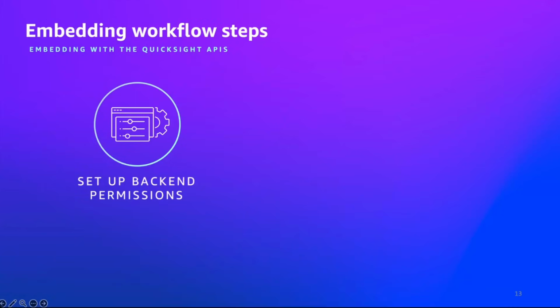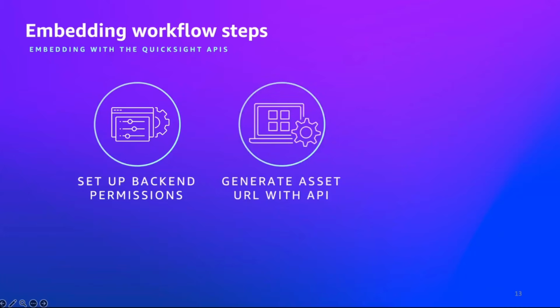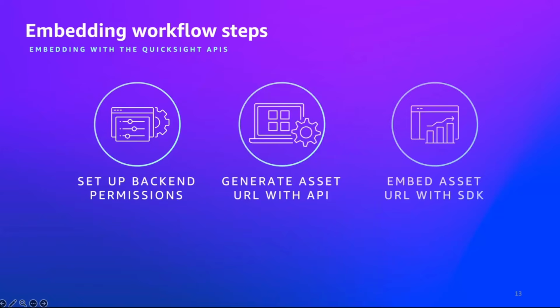Once you have those permissions, the next step is to actually call the APIs, in this case, the generate embed URL APIs, in order to generate an embeddable asset URL that contains the user authentication code. Finally, once you have that asset URL, the last step is to utilize the JavaScript embedding SDK to actually embed the asset into your website. So these are the 3 key steps to that embedding workflow.